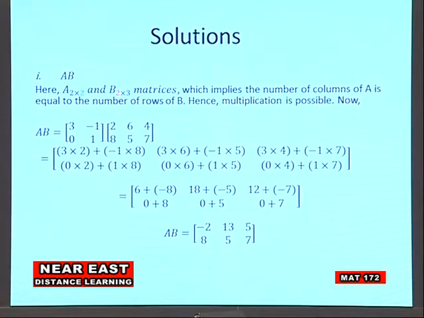So check 3 times 2, that is the first entry in matrix A times the first entry in matrix B. So 3 times 2 plus the second entry in the row of matrix A times the second entry of the column of matrix B. So it's like this times this.